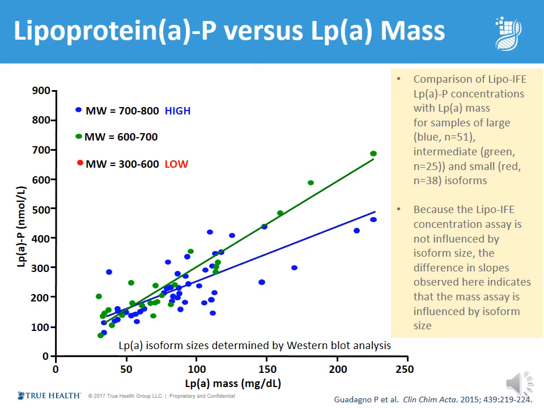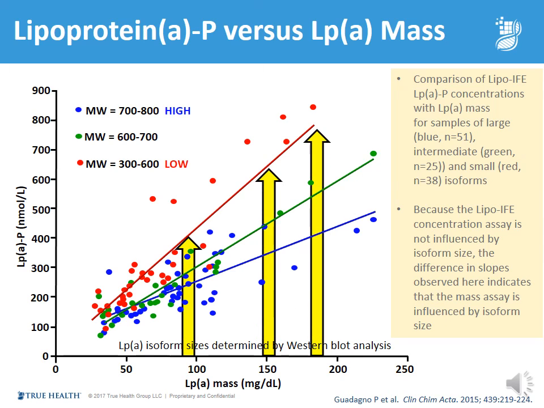And let's look at those with the low molecular weight, the short isoform of apo little a, which in many studies has been implicated as perhaps the most atherogenic type of apoprotein little a. And once again, you see as Lp little a mass goes up, so does Lp little a particle counts, but much, much higher than those with larger molecular weights.